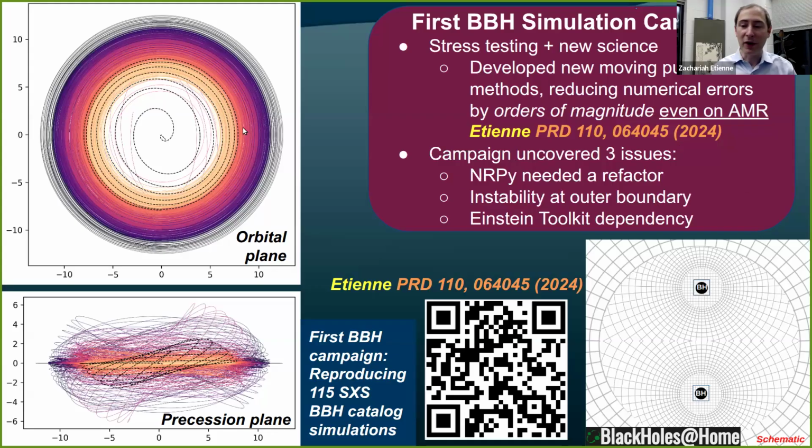But it also uncovered, because of course these were like debugging runs for Black Holes at Home, a few issues. First off, NRPy, being the first Python code I ever wrote, wasn't very Pythonic. If you know about Python, you know what I'm talking about. As a result, it looked like code written by a C programmer, using a very small subset of the capabilities of the language, and just being a bit cluttered.